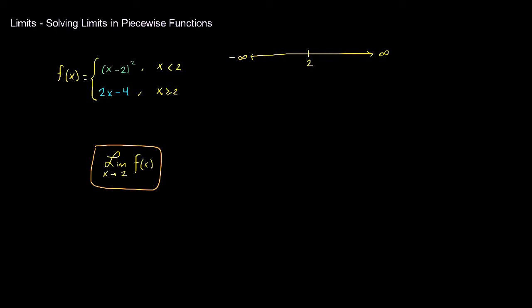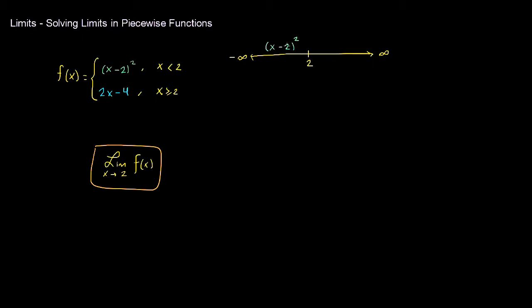And now here comes the thing. I have to identify which statement describes the f of x in which section, after and before the number 2. So you can see here, for all the x's lesser than number 2, we use this statement here. So I'm going to place it literally before the 2: (x minus 2) squared.